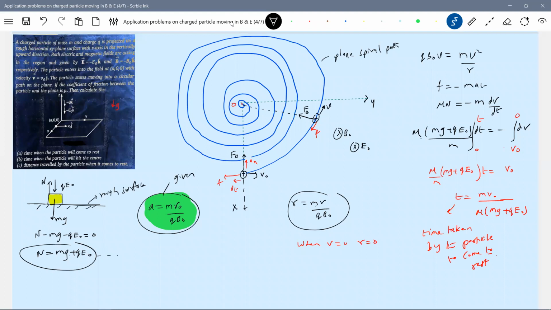The time taken by the particle to come to rest and the time taken by the particle to reach the center, the origin, is the same time only.